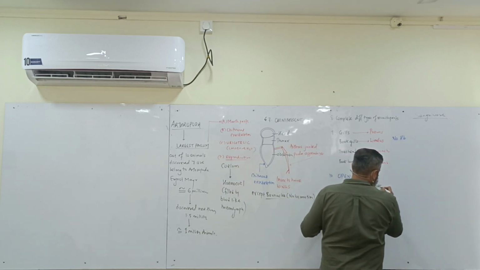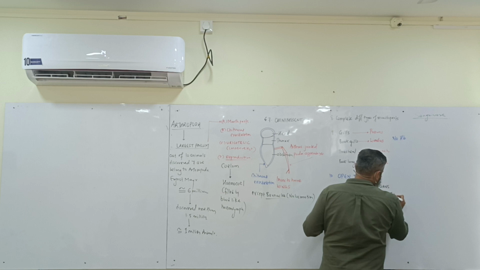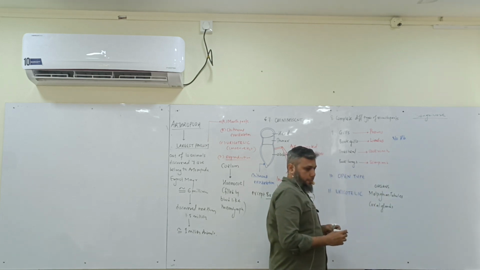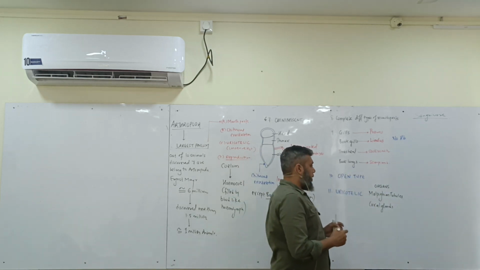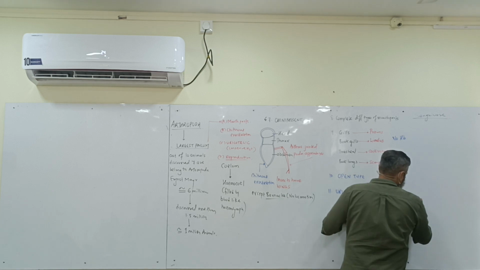And they have got different organs. Like there's an organ called Malpighian tubules. Then there are coxal glands. The Malpighian tubules are found in cockroach.